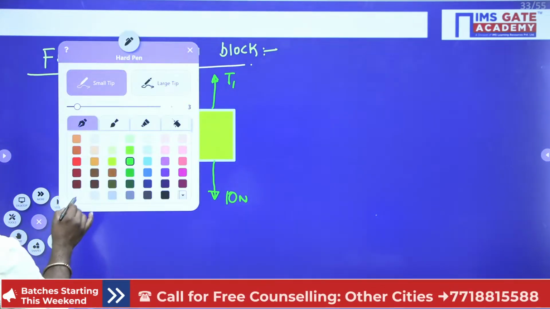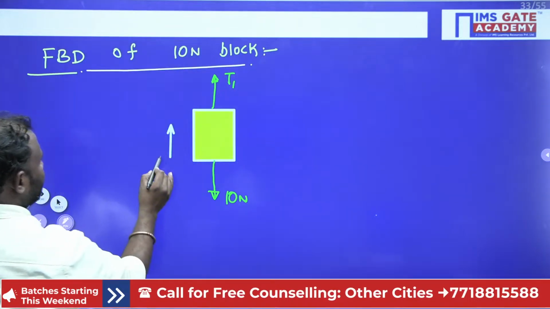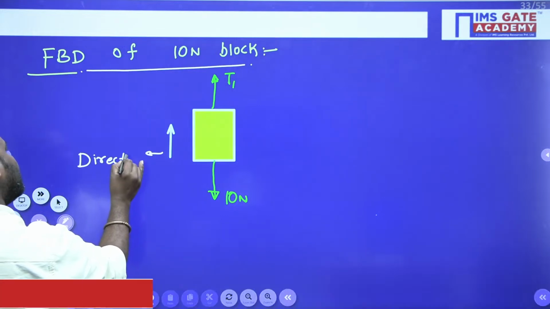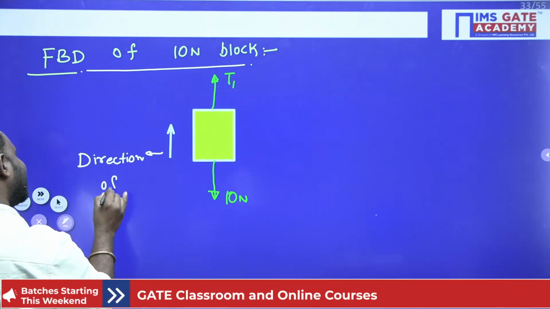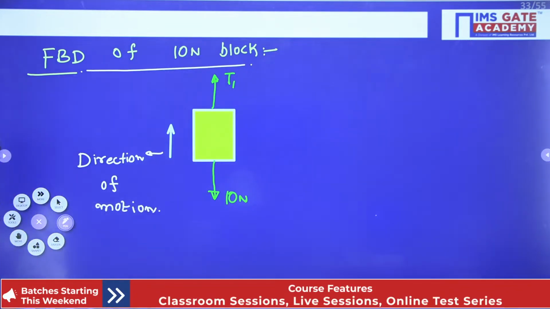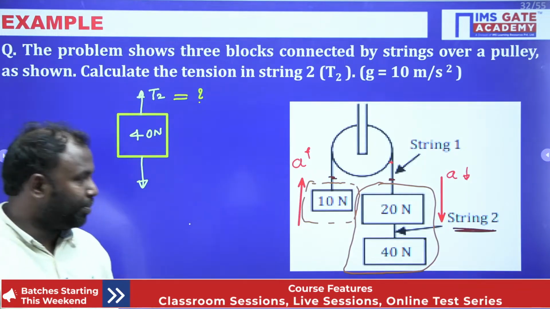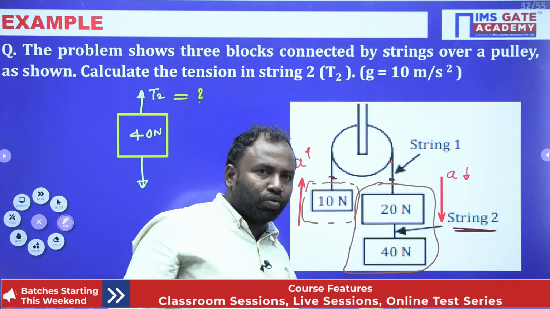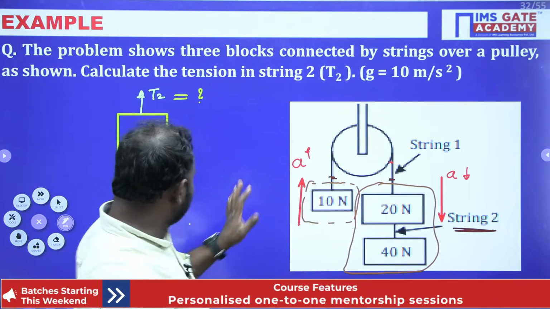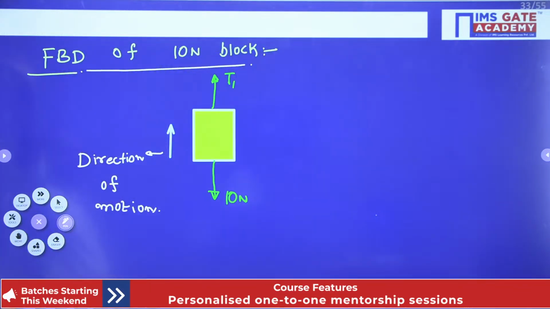How can you decide the direction of motion is upward? Most of the students may have this question. Have a look here. Obviously, 60 newtons is acting downward such that these 10 newtons try to lift upward. That is the reason why I have drawn the direction like this, right?